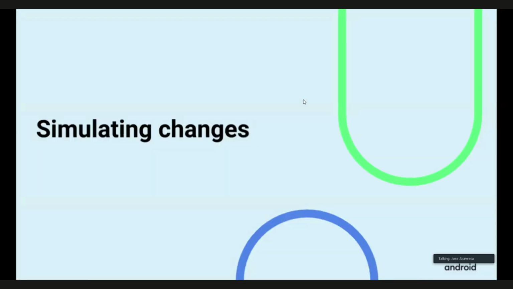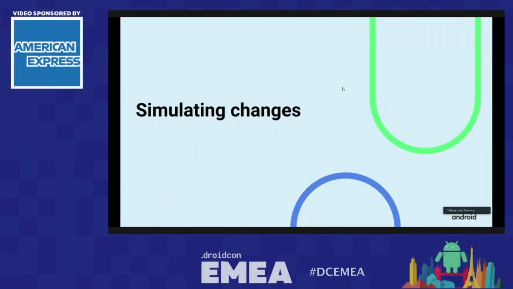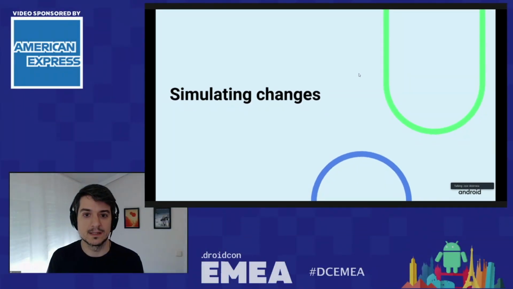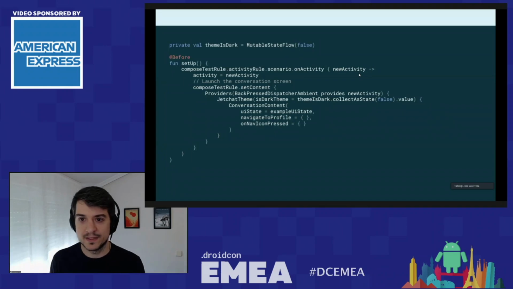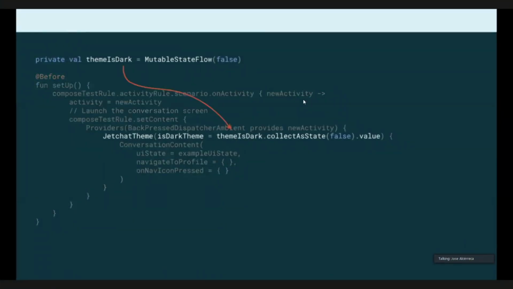All right, the next interesting pattern is something that has always been possible, but now it's easy. Simulating changes from tests. This is a setup method for the JetChat sample that starts one of the screens. There's a lot going on, but the interesting part is that we have a property called theme is dark, which is a mutable state flow. It starts being false.